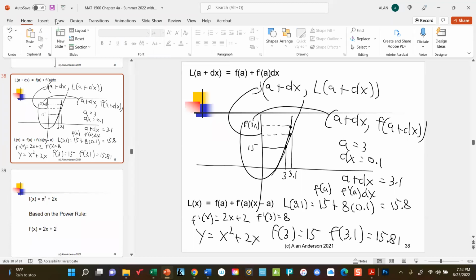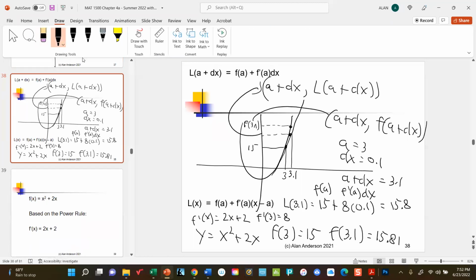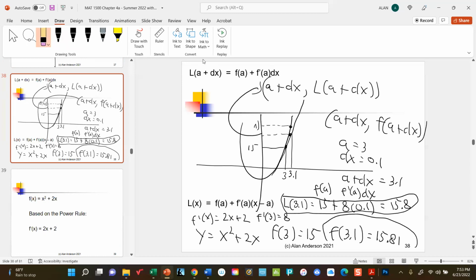So at least in this particular case, it worked out quite well, as a matter of fact. All right, so there's our approximation, and this is the actual function value. So I'll just pencil these in over here: 15.8 and 15.81. Okay, now we're good.